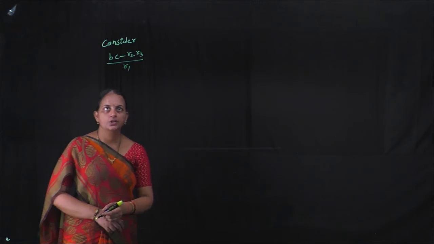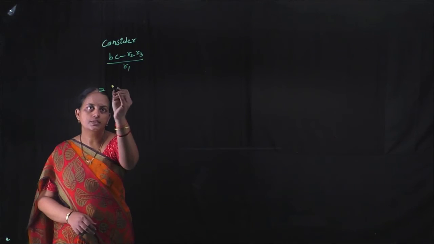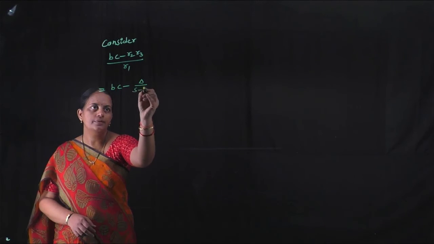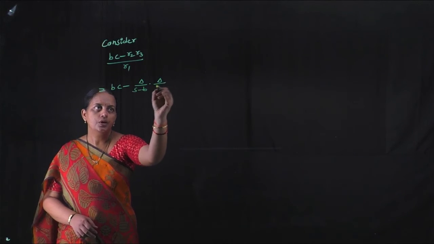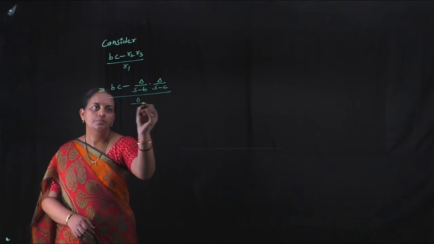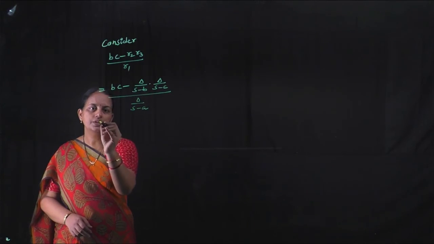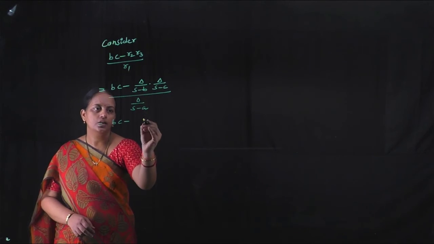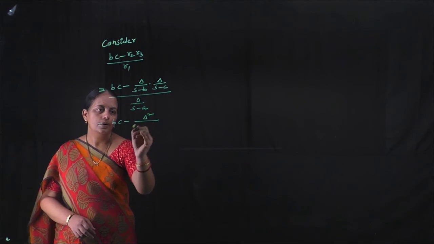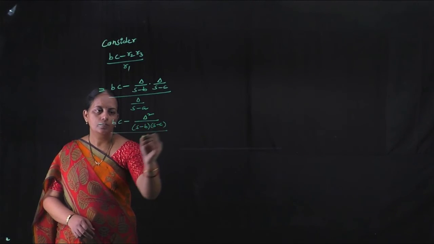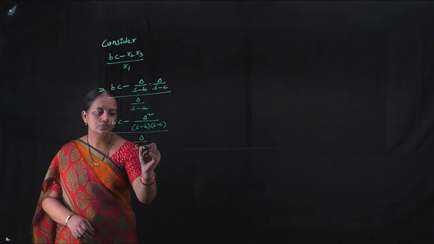This is equal to BC minus R2, that is delta by S minus B, into R3, that is delta by S minus C, by R1, that is delta by S minus A. This is equal to BC minus, here delta into delta, delta square by S minus B into S minus C, by delta by S minus A.